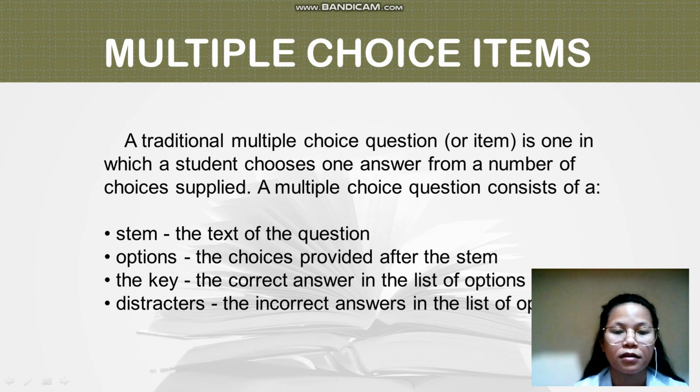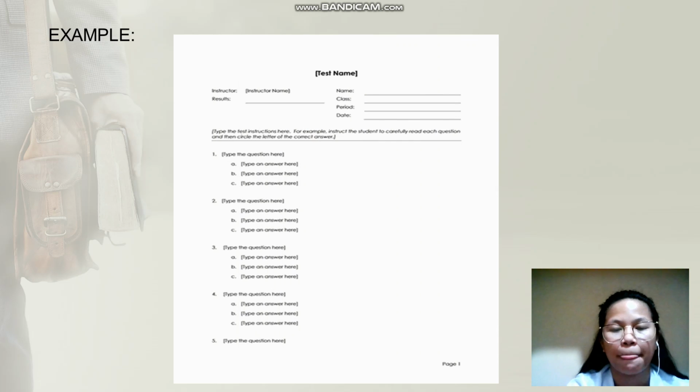And the distractors, the incorrect answers in the list of options. So this is an example of a multiple choice item.